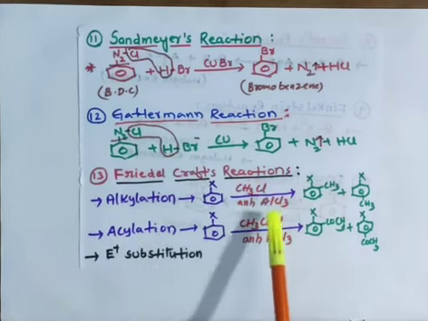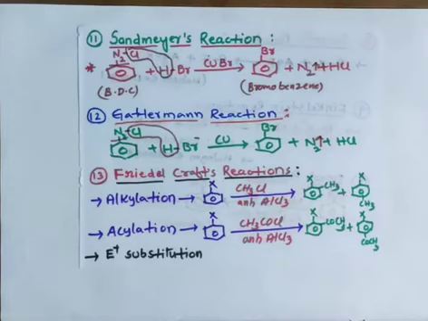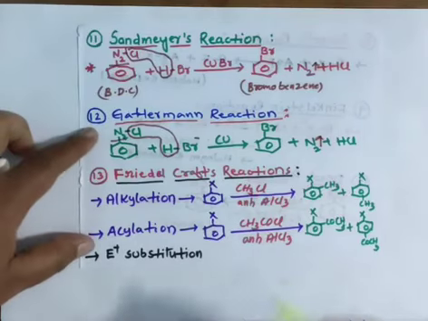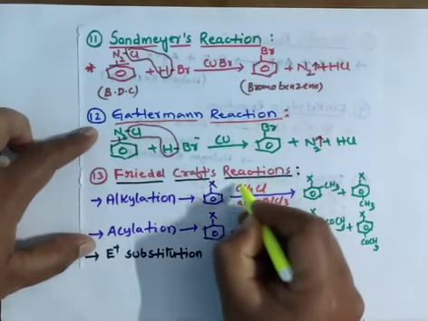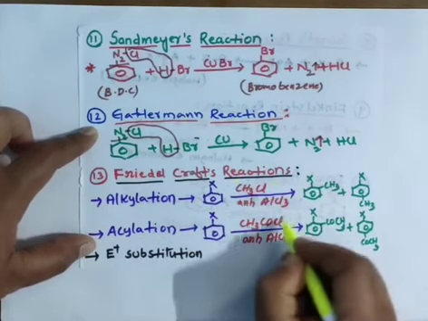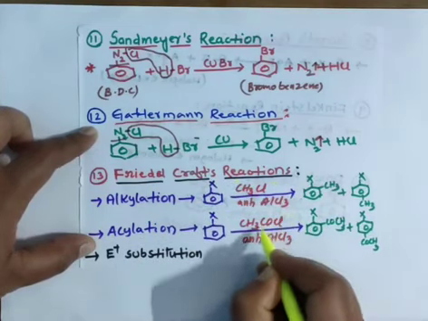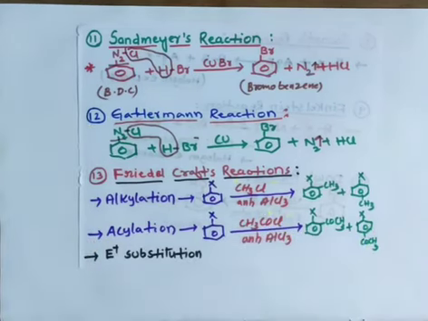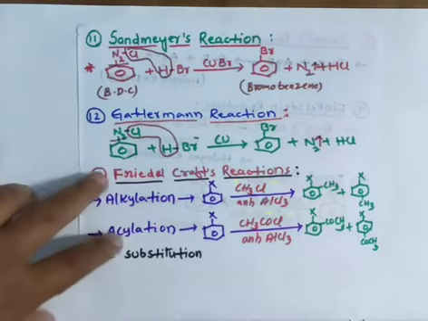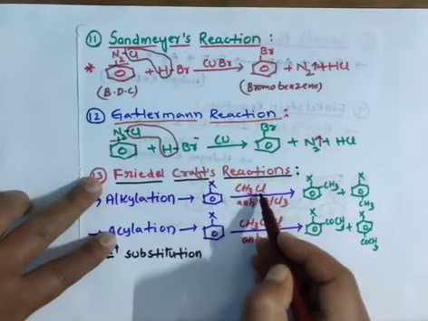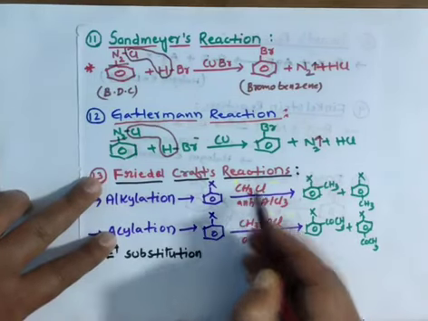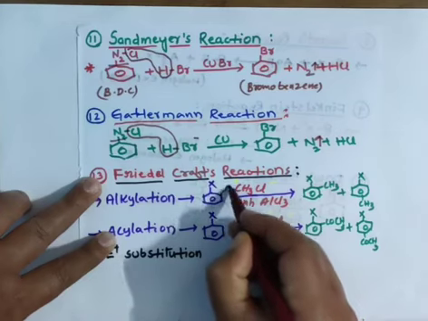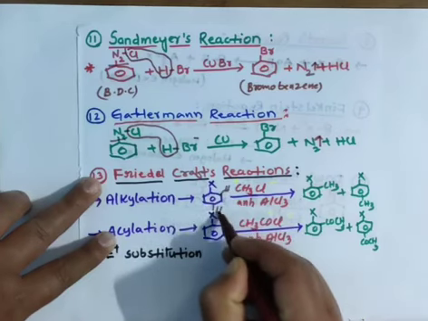This is electrophilic substitution reaction. You know very well, chlorine Cl minus and this is plus. And here you have minus and CH3CO plus. Now what reaction will take place? Look here, this chlorine, and here you take hydrogen and here you take hydrogen.